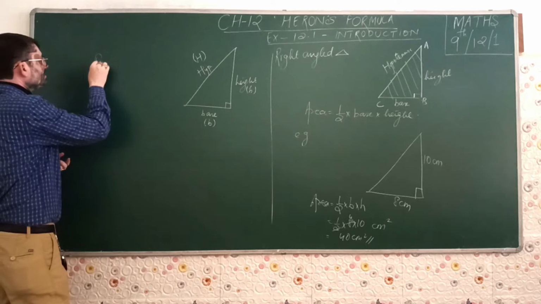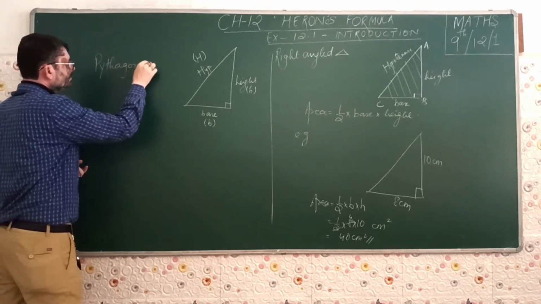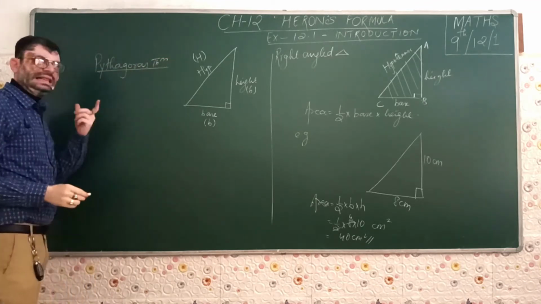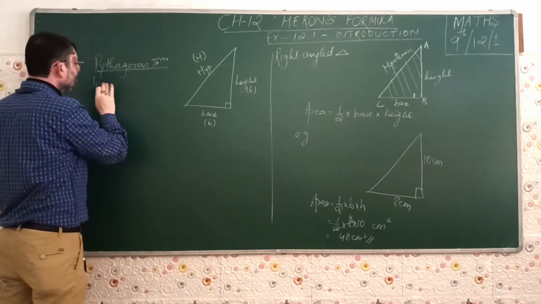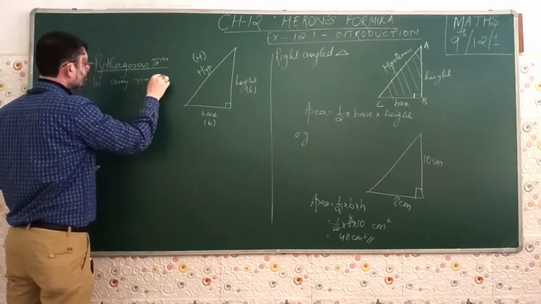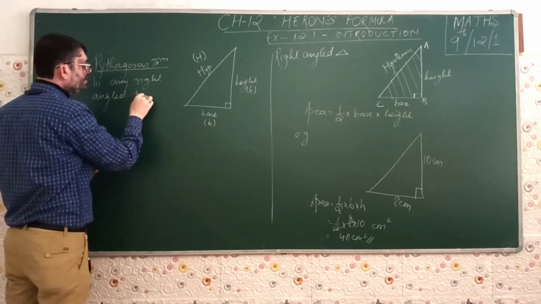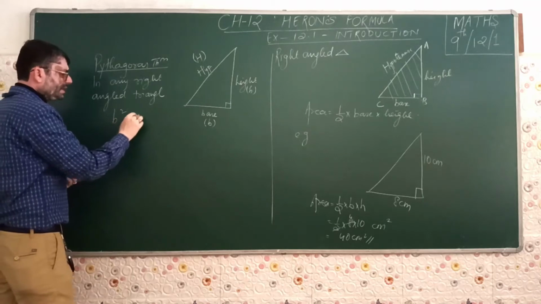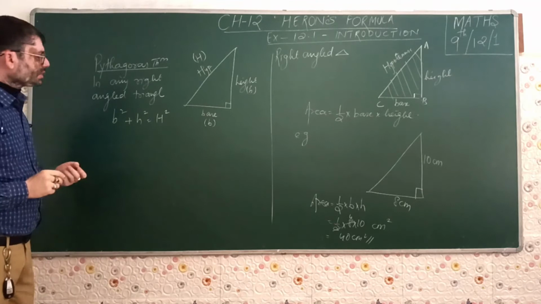According to Pythagoras theorem, in a right angled triangle, base square plus height square is always equal to hypotenuse square.